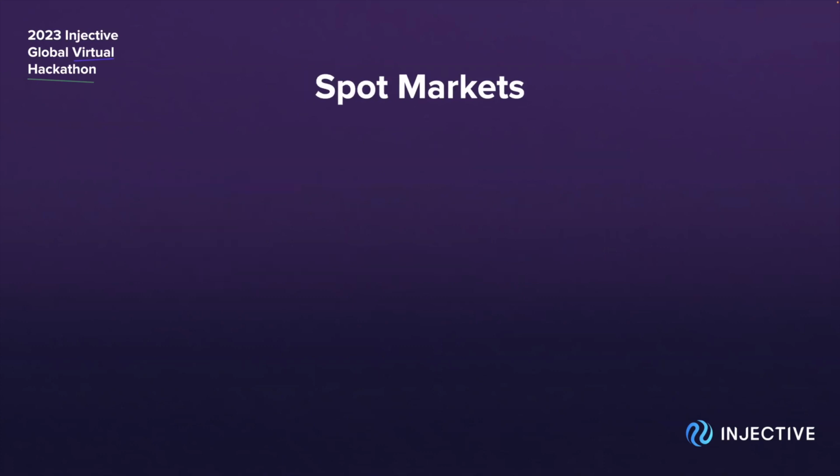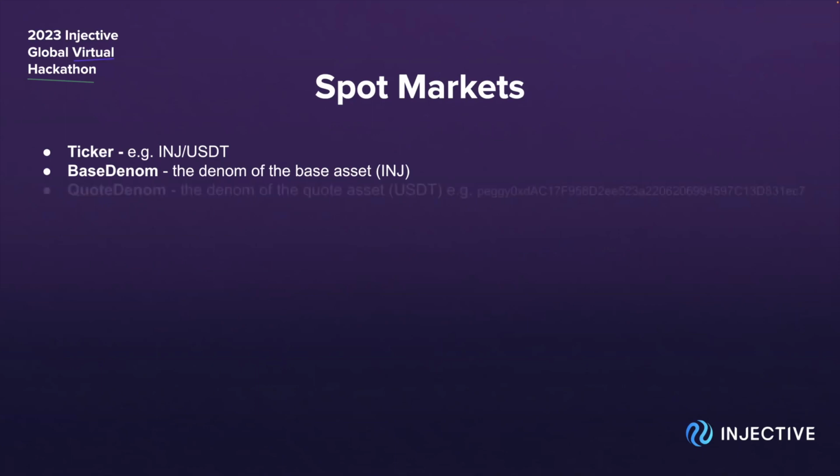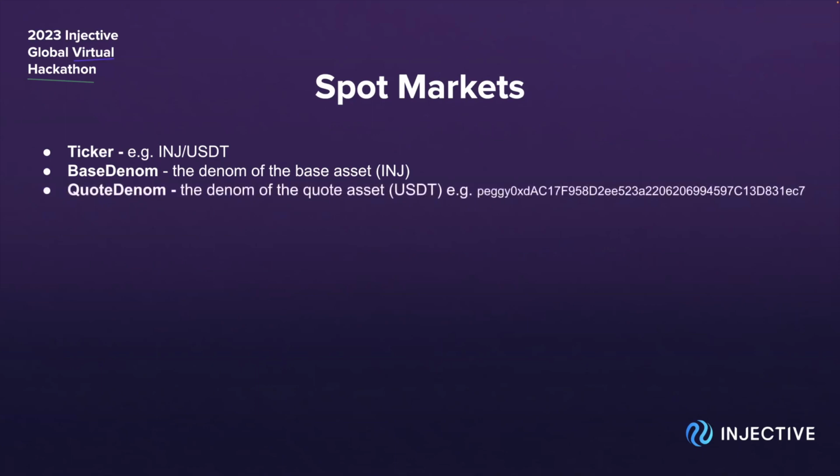So I'll do a breakdown of what goes into an actual spot market. First of all, you specify the ticker symbol, which in this case is, let's say, INJ/USDT. You also specify the token that you want to trade, or the denom of the base asset. In this case, the base asset is INJ, as well as the quote denom, which in this case is USDT.